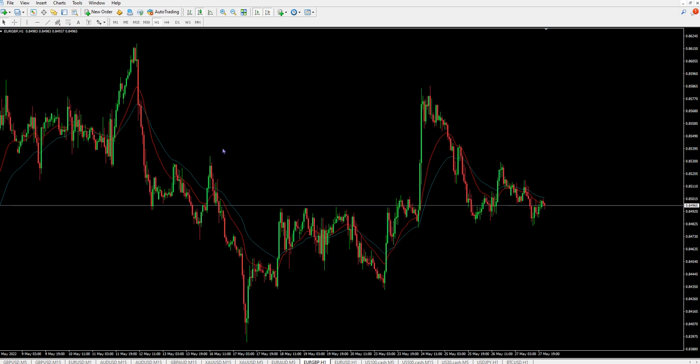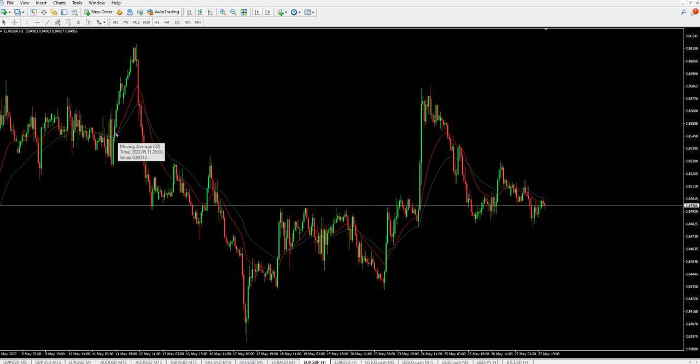However, the 20 and 40 I've seen before as popular ones to use for a crossover type of strategy or way to view the market. And what that means is, we can watch where they cross, right? So here, the 40 is below. We see some consolidation, some choppiness in the market.